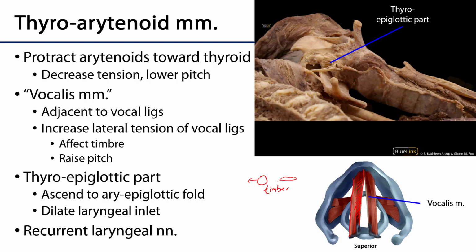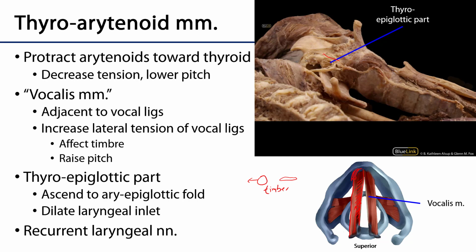There's also another part to the thyroarytenoid muscle, sometimes called its own separate muscle, but this runs between the thyroid here and the epiglottis. So these fibers come up laterally like so, and we can see some of them through here.